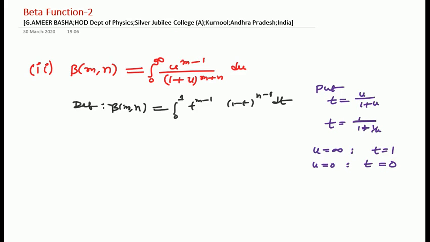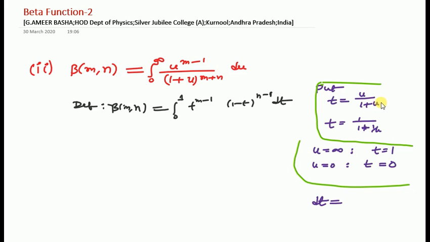So what I did here, we are taking t is equal to u by 1 plus u, or otherwise 1 by 1 plus 1 by u. Then see the limits at second one. Then obviously we require what to substitute in place of dt. That is very easy. So dt is the differentiation of this.